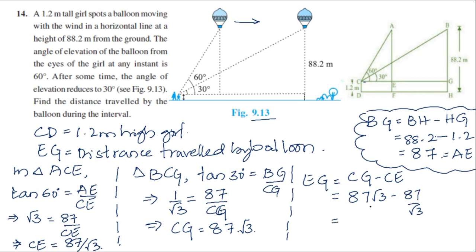We can take 87 common. We get root 3 minus 1 upon root 3. What is root 3 minus 1 upon root 3? Take the LCM. It becomes 3 minus 1, which is 2, upon root 3.